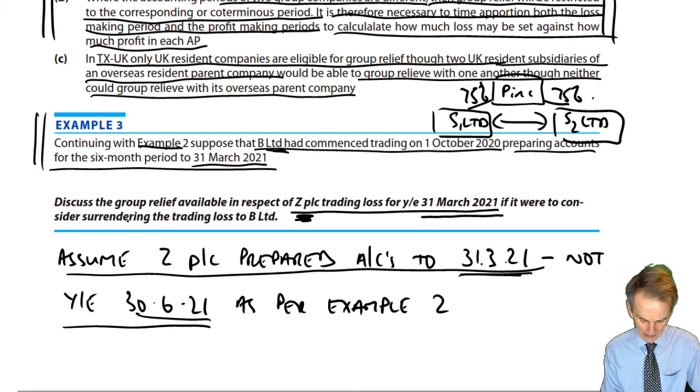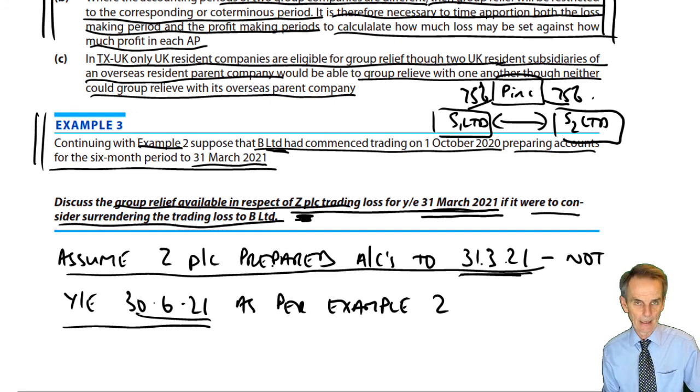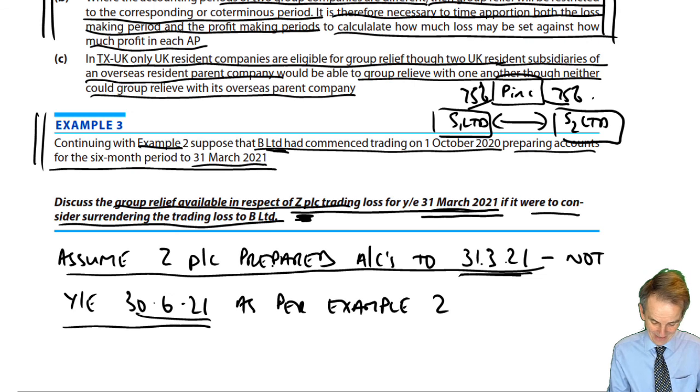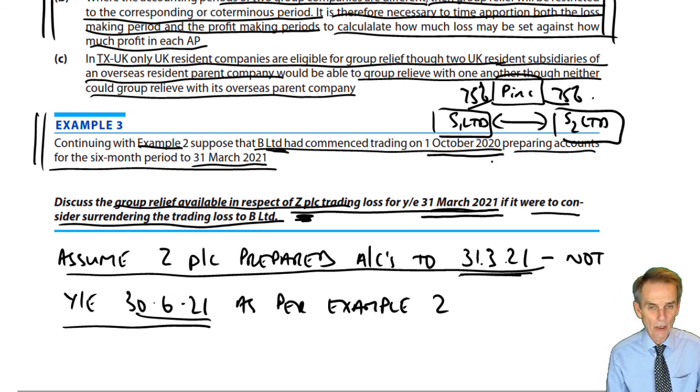And just see what would happen. Now discuss the group relief available in respect of the Z plc trading loss for the year ended March 21 if it were to consider surrendering the trading loss to B Limited. The point about B Limited being here is that it only came into existence on the 1st of October 20.